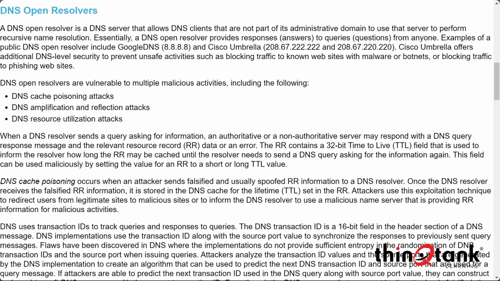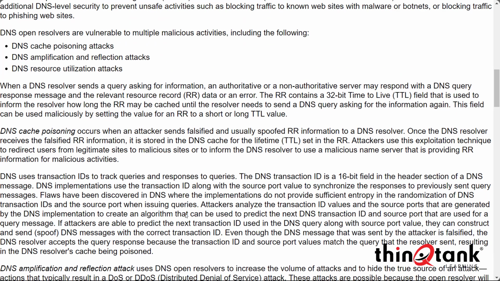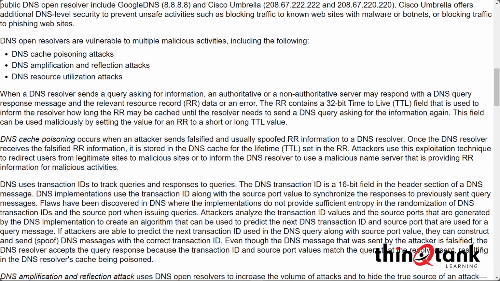They do talk about that a little bit right here in this section about the DNS Transaction ID and how it doesn't have enough entropy, meaning that there's not enough randomization to the process. There's a 16-bit field in the header of one of those sections.